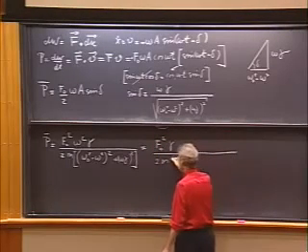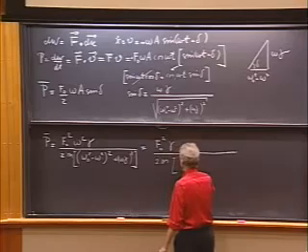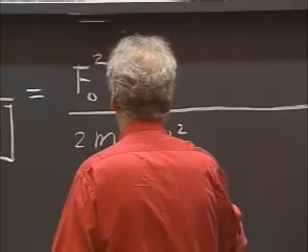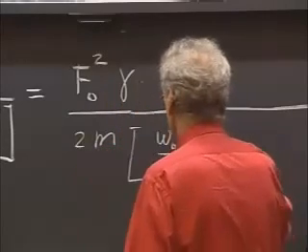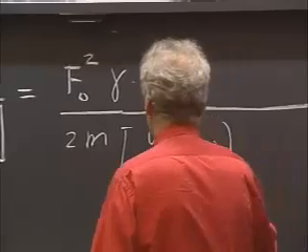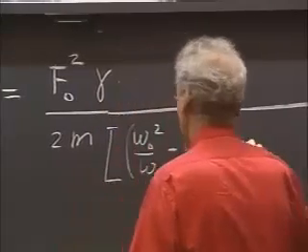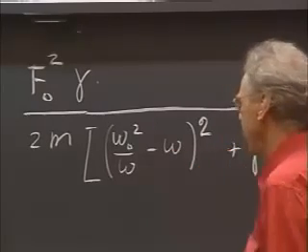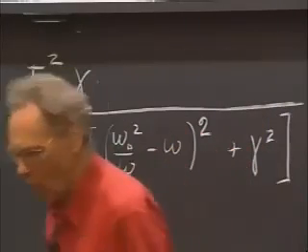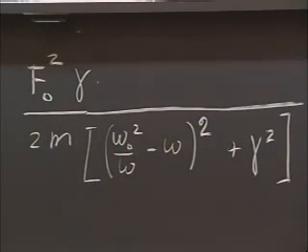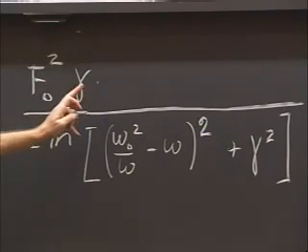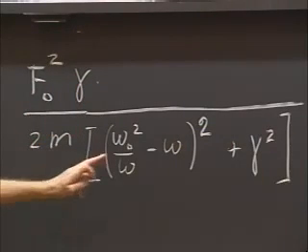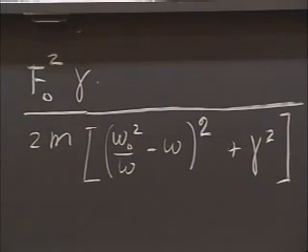And then I get here omega 0 squared divided by omega minus omega, quantity squared, plus gamma squared. That's what I get. That's not the only way you can write it, but that's one way you can write it. Let me check that. I have F0 squared, I have gamma, 2m here, and we have this downstairs.